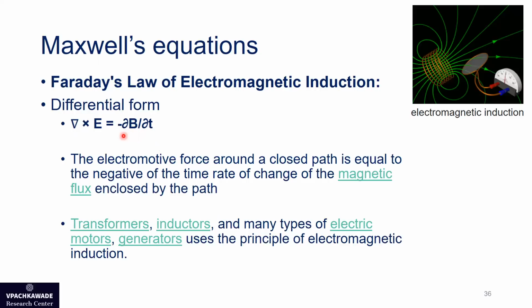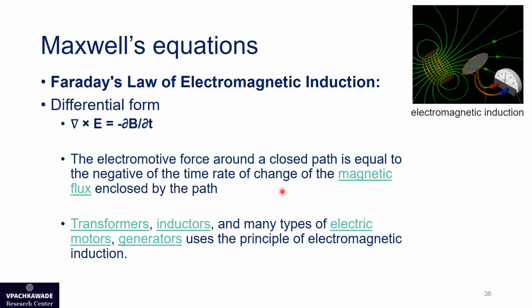We can read that the electromotive force or EMF around the closed path in the picture is equal to the time rate of change of the magnetic flux enclosed by the path. Whatever magnetic field gets enclosed by this path will induce an EMF into this electric circuit. Mathematically, this equation can be written in this form, and theoretically we can read it this way.